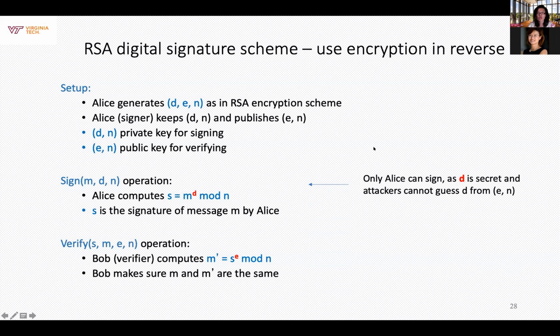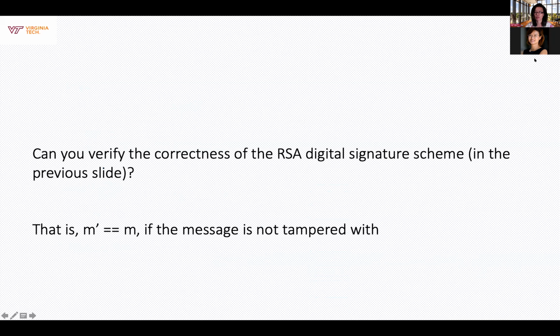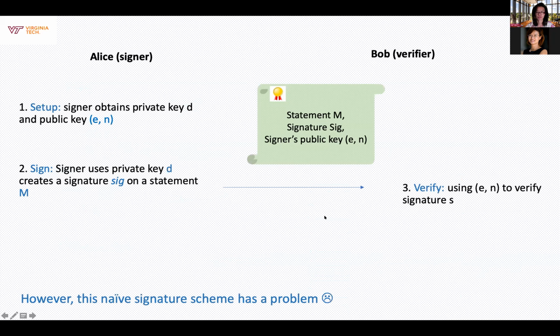And as you can see, only Alice can sign because she has the private key corresponding to the public key. And so only Amazon can sign certain statements, and so on. We just showed this, and I want you to go back home and be able to show this yourself, okay?